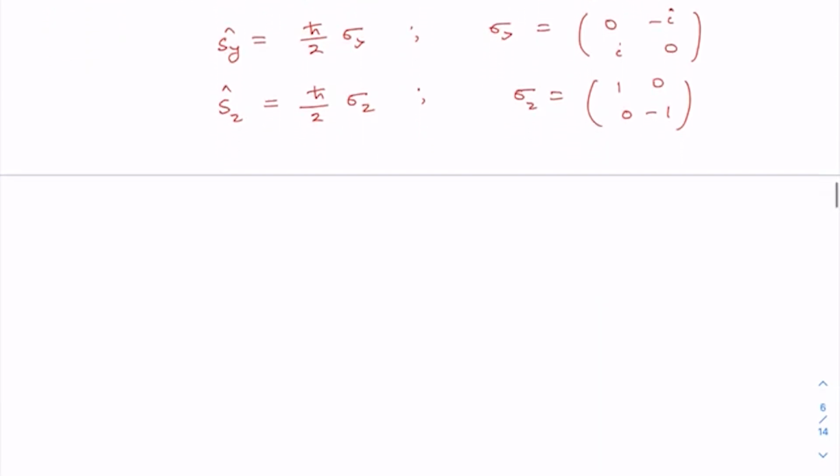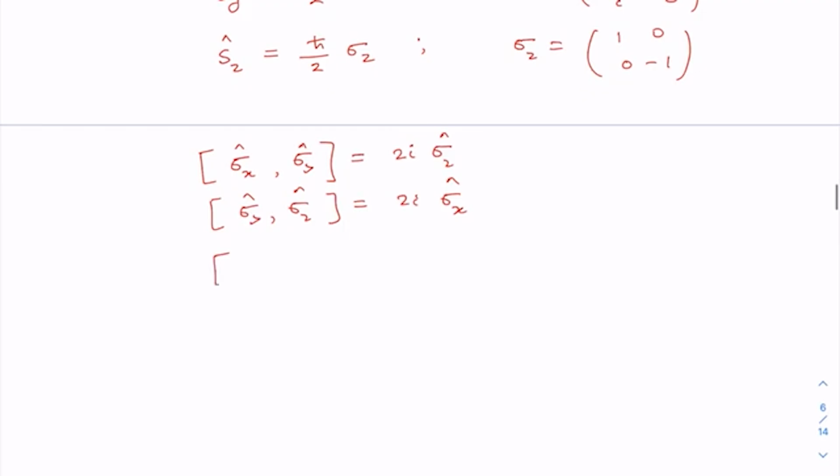Also, you know the commutation relations between these matrices: sigma x, sigma y gives 2i sigma z, sigma y, sigma z gives 2i sigma x, and sigma z, sigma x gives 2i sigma y.